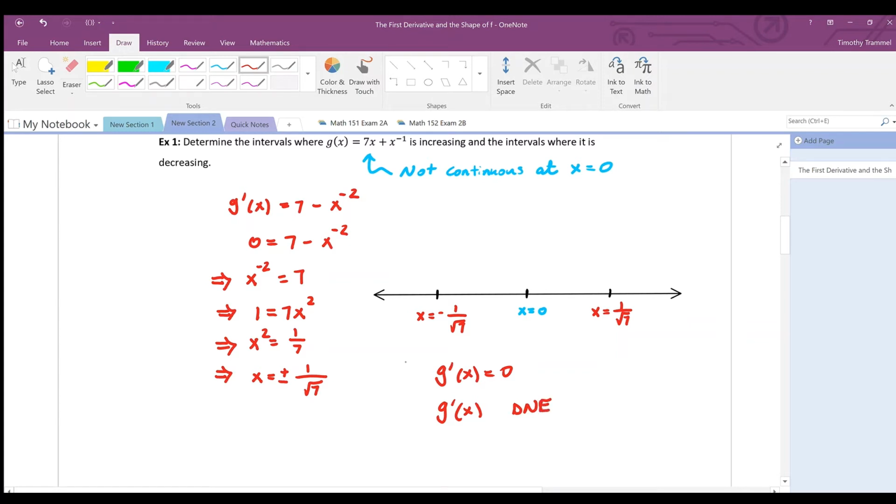And the reason that we've chosen these points is that they are the points where it's not increasing or decreasing. In fact, a lot of times, not always, but a lot of times when your first derivative is 0, that's going to be a local maximum or a local minimum where the graph is neither increasing nor decreasing. So that's really what we've done here, we put down the points where it's not increasing or decreasing.